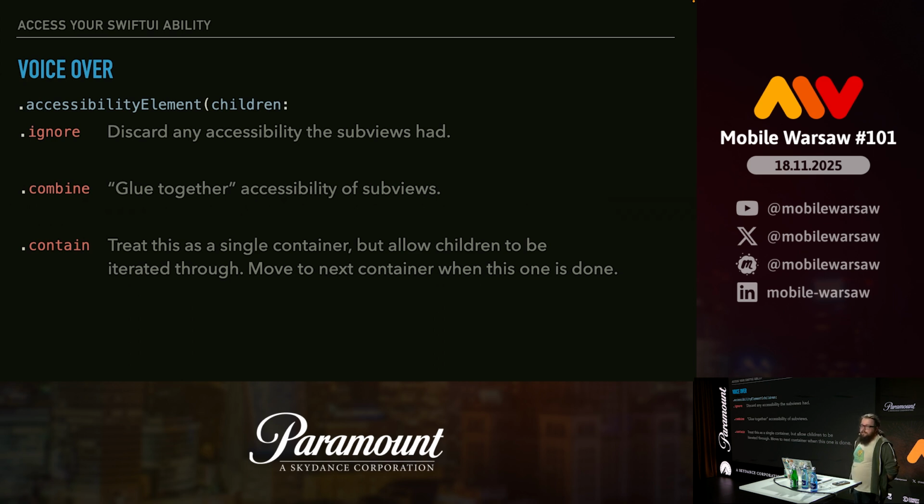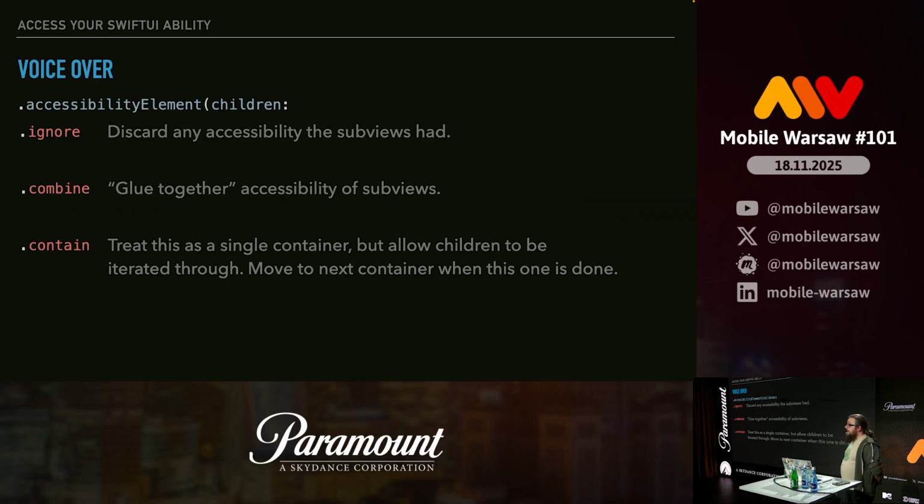By default, it will ignore everything. So basically, it will discard any accessibility settings that the subviews had. It will treat the container as a new accessibility element. It will focus on it, but it won't give you anything more than that. It will just be a block that users can select.